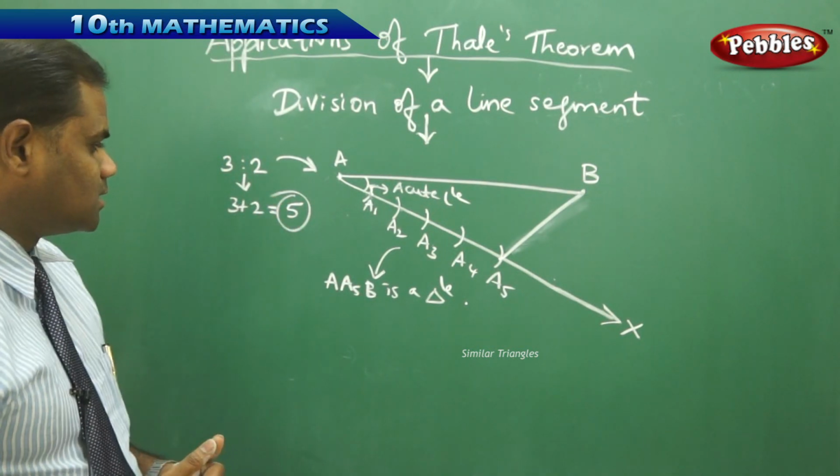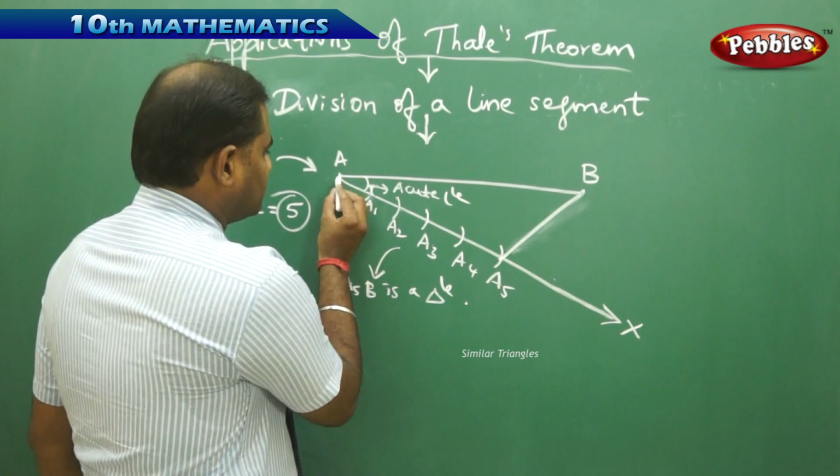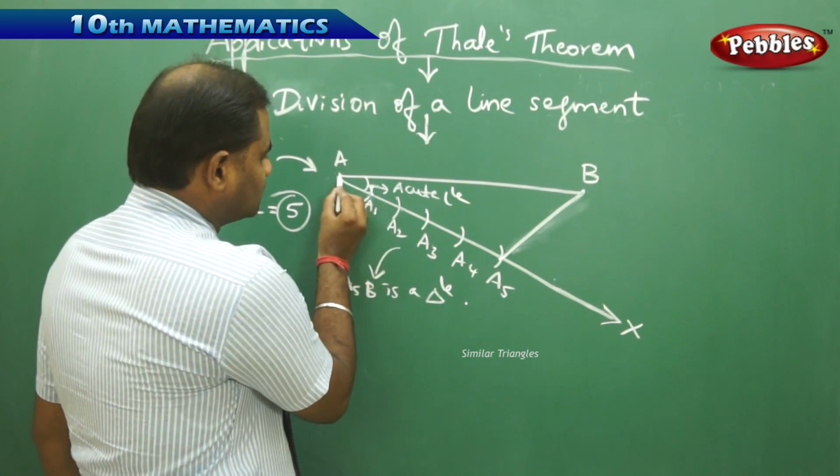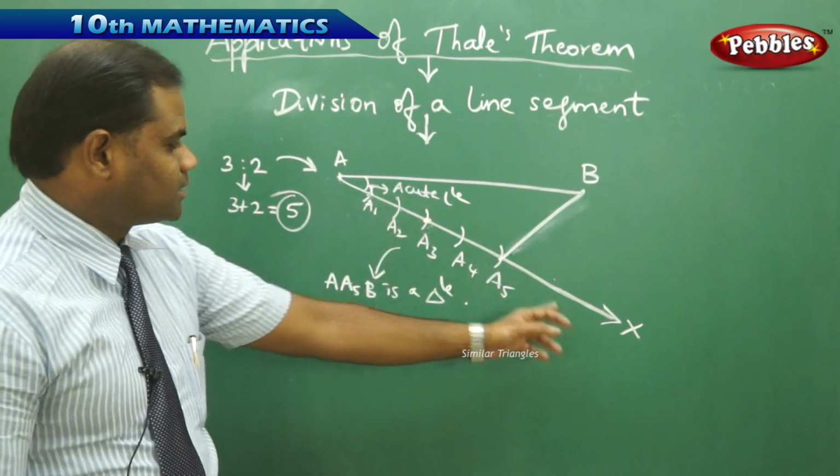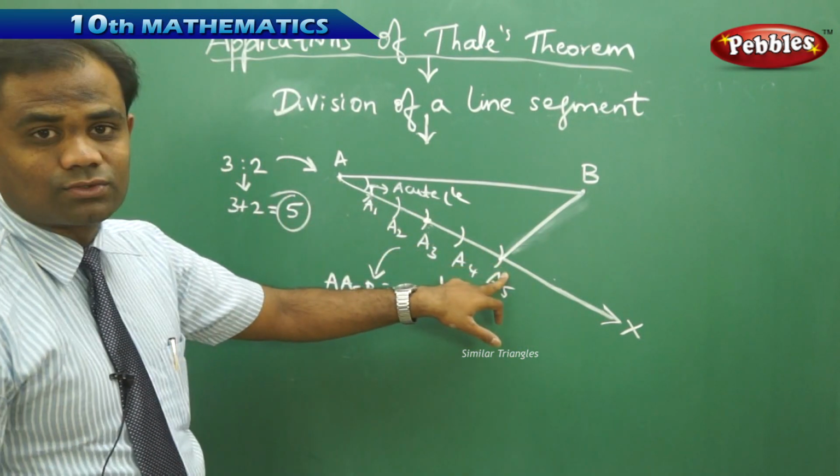Initially for this, I take the third part: 1, 2, 3. So this is the point where the ray AX gets divided in the ratio 3:2.